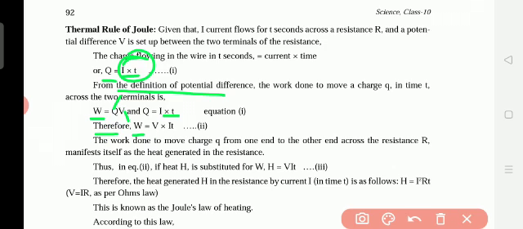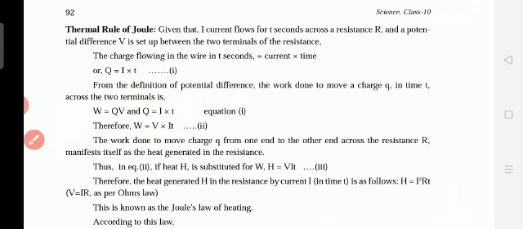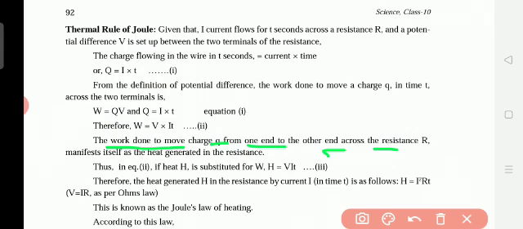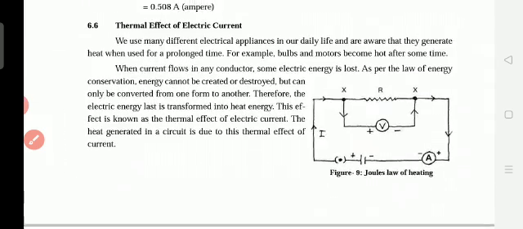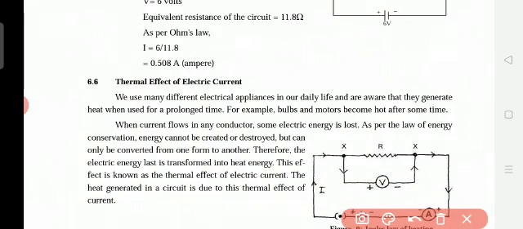So therefore W is equal to potential difference V, in the Q place we write I into T. So W is equal to V into IT. Okay, so the work done to move charge Q from one end to the other end across the resistance R manifests itself as the heat generated in the resistance. Okay, so here you see the flow of charge from one terminal to the other terminal across the resistance.